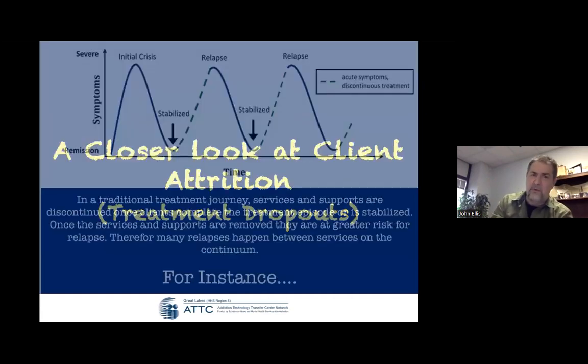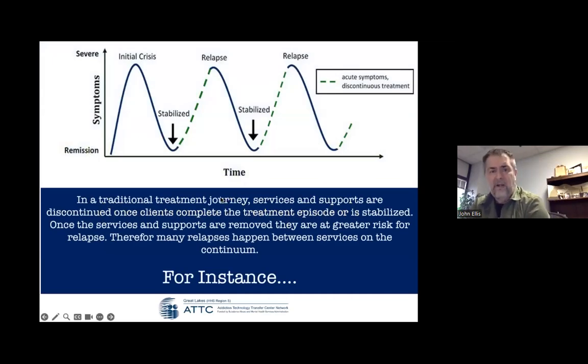So when we get into attrition, in the past, what we did with substance use treatment is we did well to stabilize. Somebody comes in, they have a crisis, they are stabilized, they are discharged. They go to meetings, find a sponsor, get some phone numbers, and they drop out.